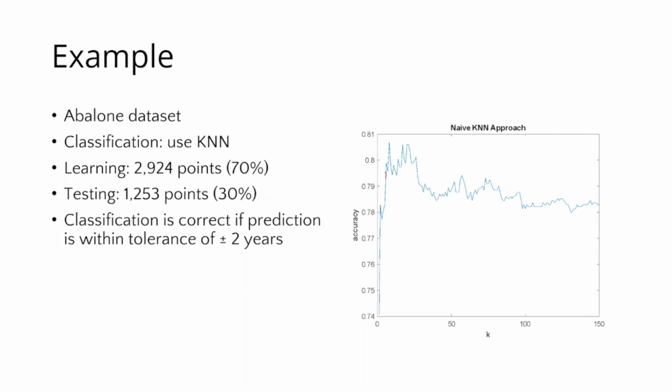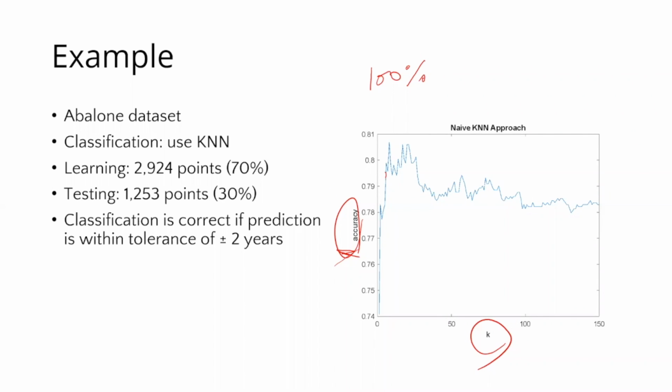Now, without showing how I implemented it, this is the result of the naive KNN approach. The horizontal axis represents K, how many neighbors I'm using for making predictions, and the vertical axis is the accuracy of prediction. More precisely, this is an accuracy in terms of percentage, so 1 means we are 100% accurate in predicting the age of the abalone.